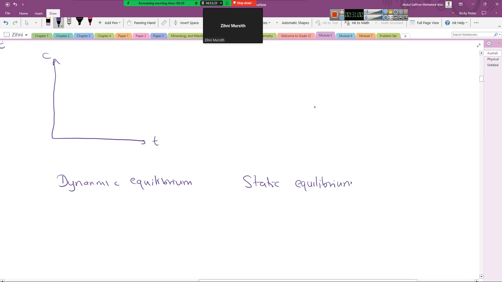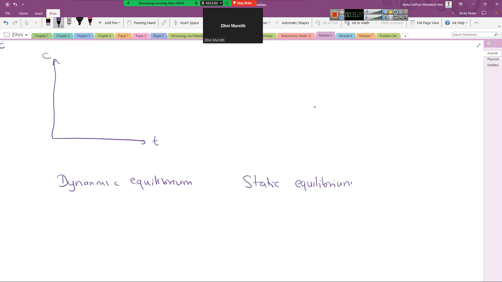Dynamic equilibrium means it is at a stable state but still there is motion. But static equilibrium means an equilibrium occurring at a stationary state. So the system is not moving, but in dynamic equilibrium the system is moving but is still in the equilibrium state, in the stable state.